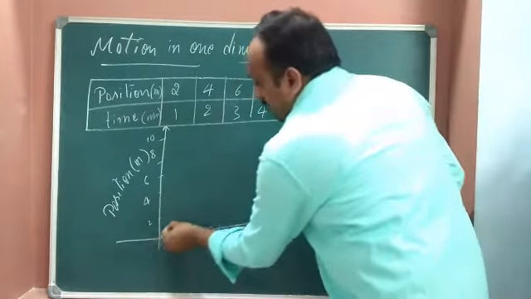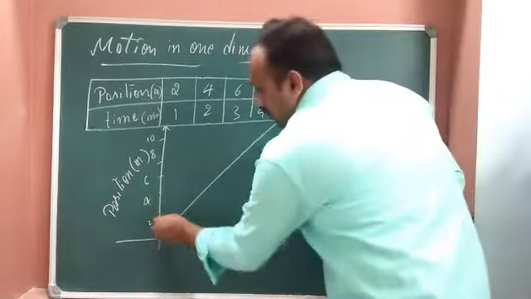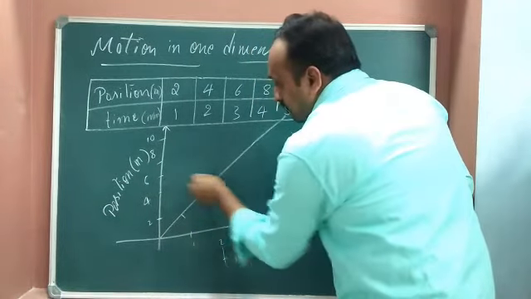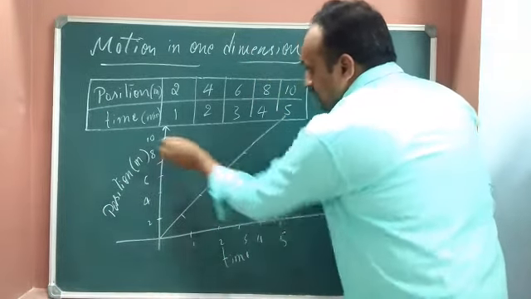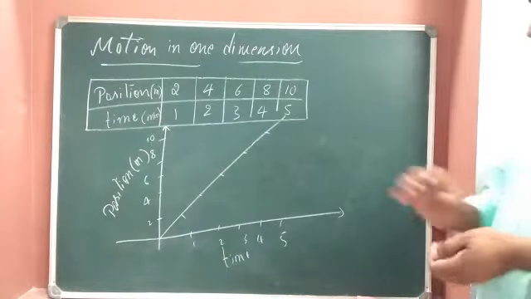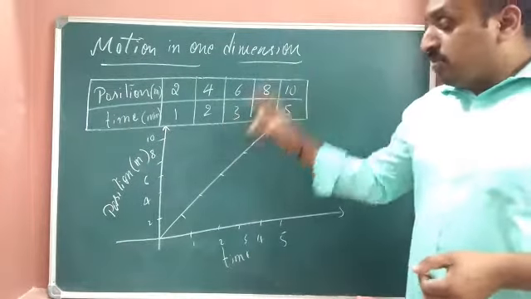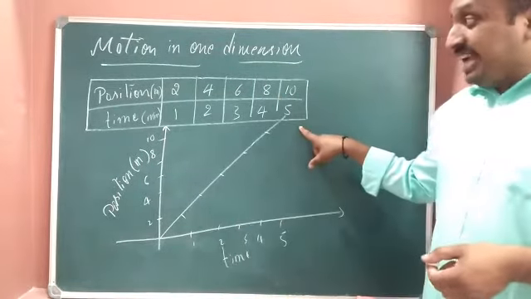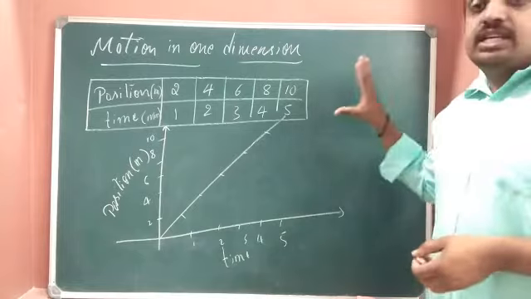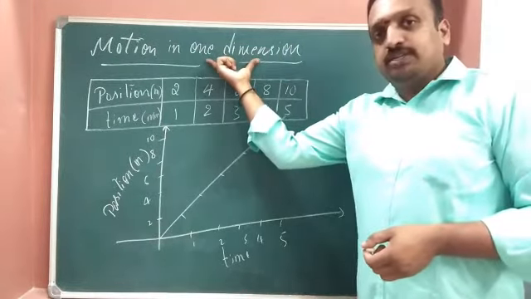If you observe, we will get a straight line. By observing this, it is very clear that the motion of the object is in a straight line. That comes under the category of one-dimensional motion.